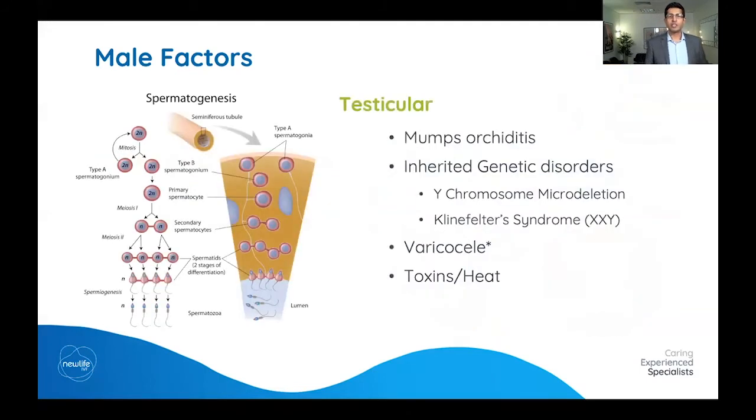More commonly, we see testicular factors, and that's where the testicles themselves aren't producing sperm correctly. In this particular diagram, we see that there are a number of steps for the germ cell to produce a functioning sperm, and that takes about 72 days in the male.